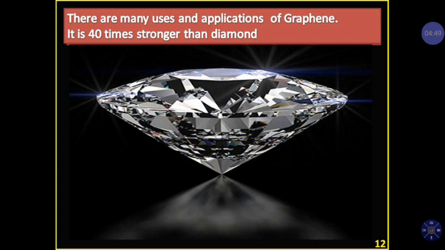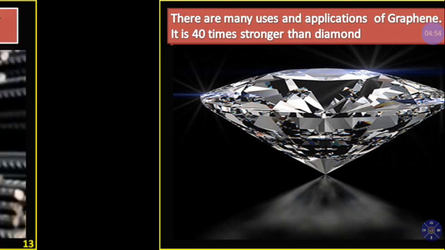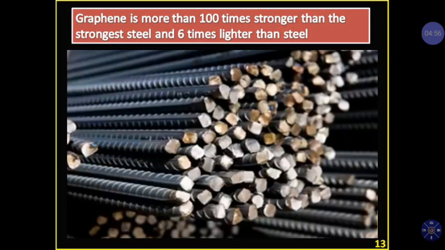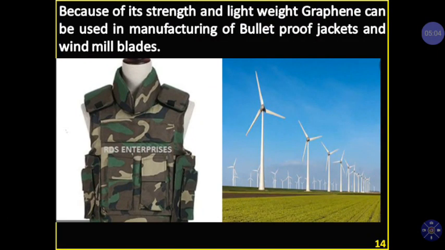Graphene is 40 times stronger than diamond, 100 times stronger and 6 times lighter than steel. Because of its strength and lightweight, graphene can be used in manufacturing of bulletproof jackets and windmill blades.